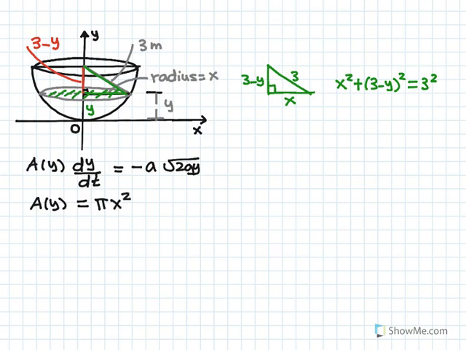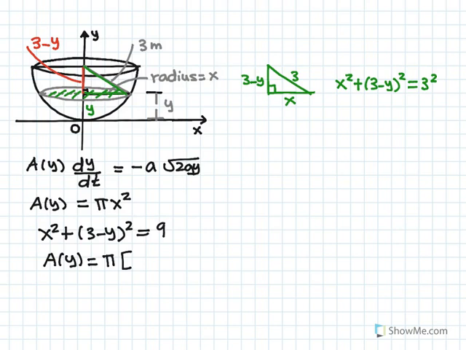That's because the cross-sections perpendicular to the y-axis are circles with radius x. Now we apply Pythagoras to get a relationship between x and y. So x squared plus (3 minus y) squared is equal to 9. So now we have the cross-sectional slice as a function of height.